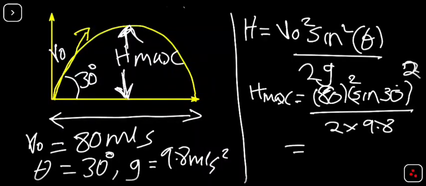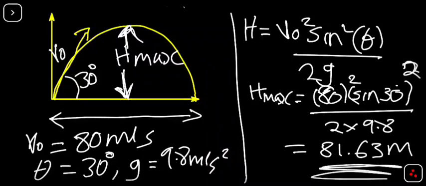Okay, so you multiply. After doing your calculations, you're going to find our maximum height, the H max, is equal to 81.63 meters.